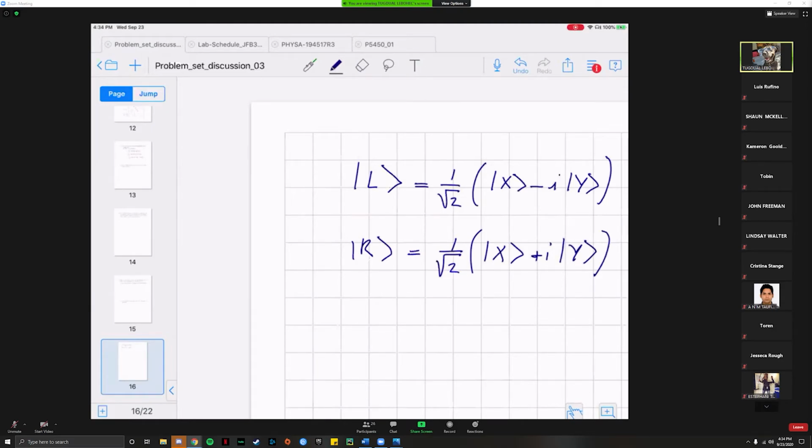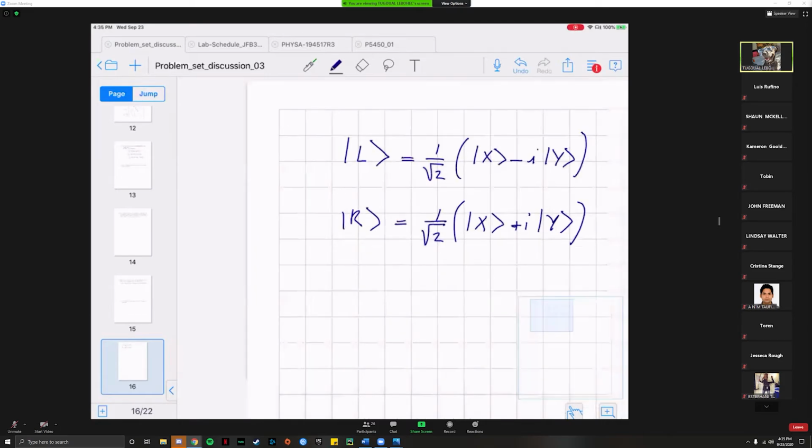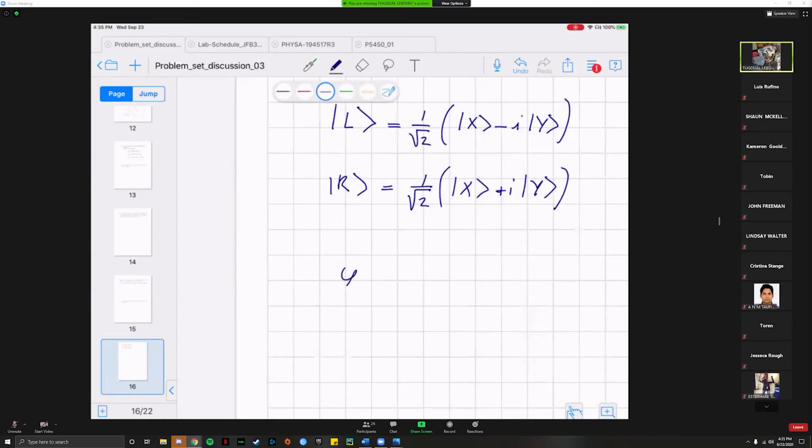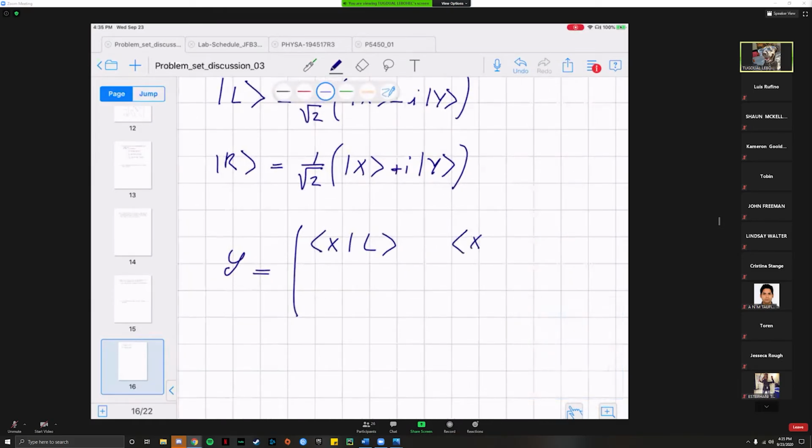Then you were asked to determine the S matrix that can be used to transform a column vector representation of a photon in the polarization X, Y to the same photon in the L, R basis. The way to do this is to write a matrix that is the following: <x|L>, <x|R>.